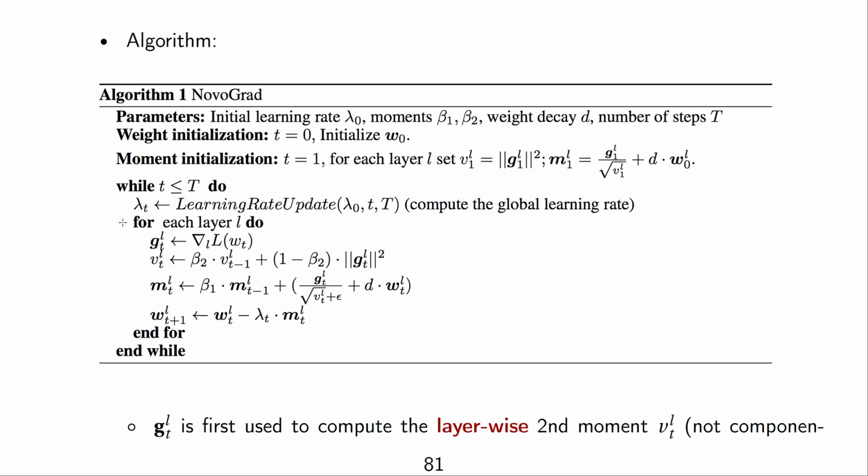Looking at this algorithm outline, we can see that there's a loop where the algorithm iterates over each layer in the network. We'll compute a gradient for a particular layer, and then we have a second moment that is computed for a layer. So this second moment, since it is per layer, is actually a scalar value.